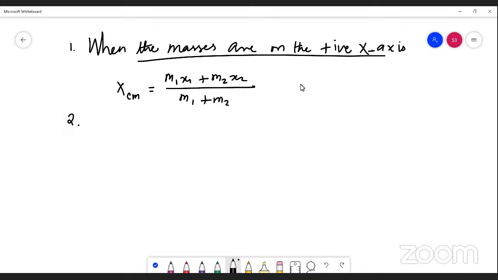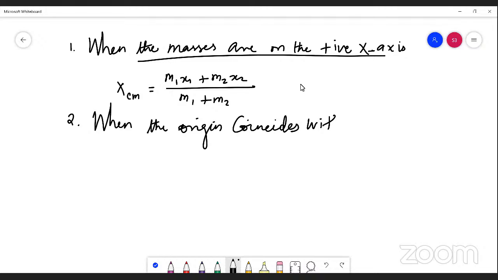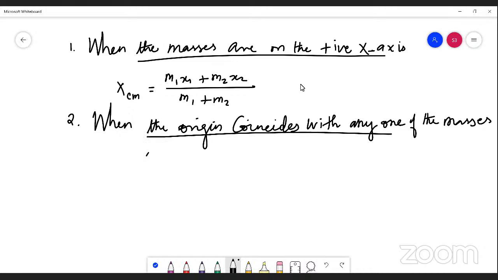Second one, when the origin coincides with any one of the masses, there the formula goes like this.